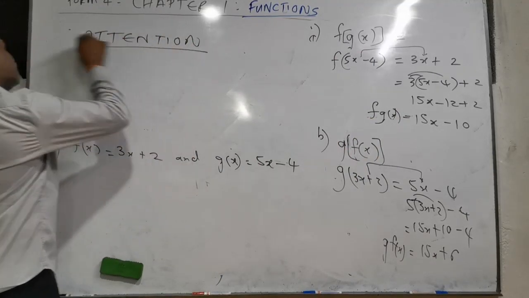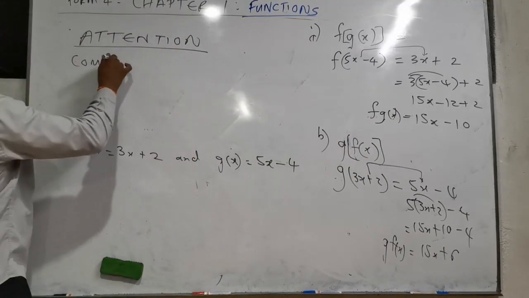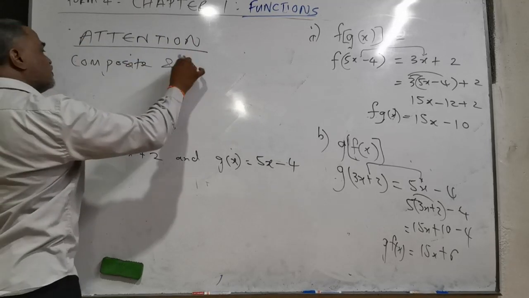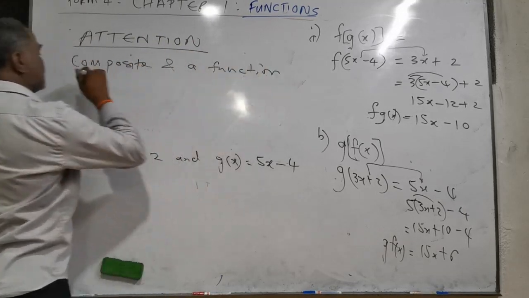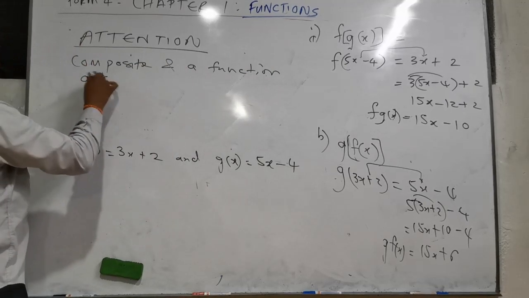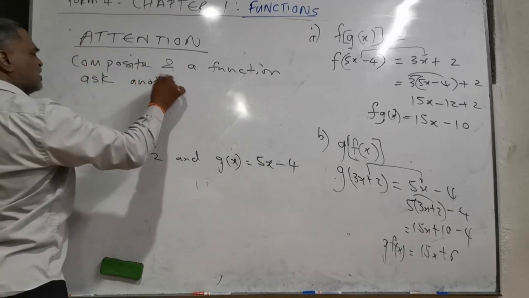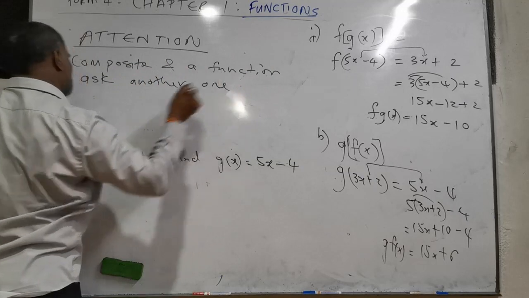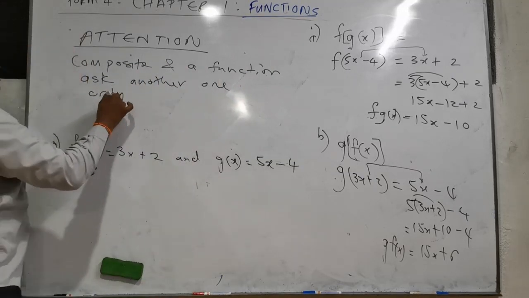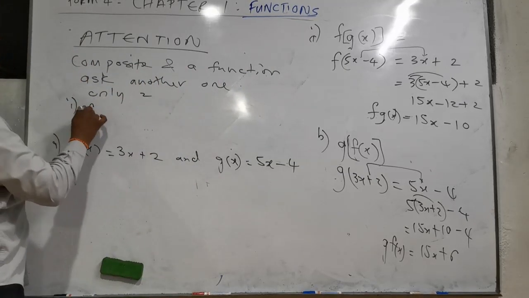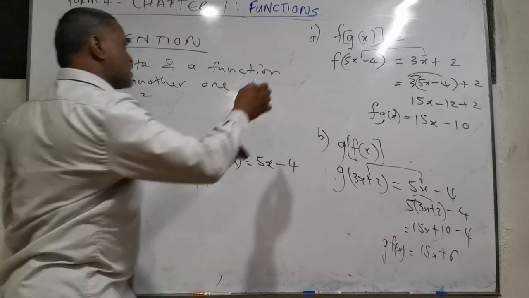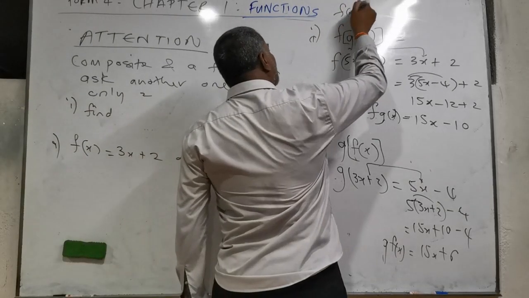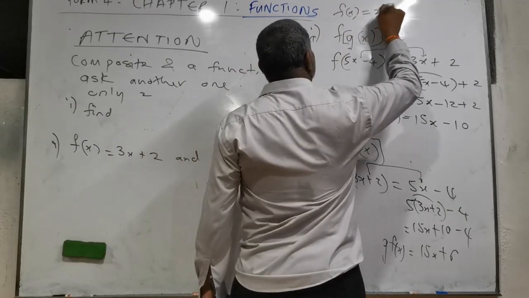For this, they'll give you a composite and a function, and they ask for another function. So there are only 2 types. First we call finding inside. Actually, I name it finding inside and finding outside. Actually, there's no such thing, but it is easy to differentiate.